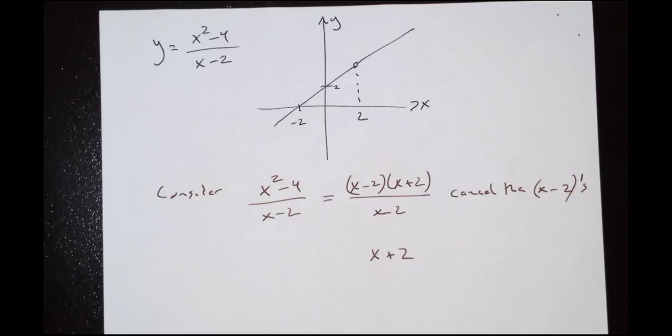Now, you'll notice I did not write an equal sign. This is me being a pain in the ass. Because technically, this expression is not defined when x equals 2, but this one is. So they're really not the same. They're the same everywhere except at 2. And that's the important part.